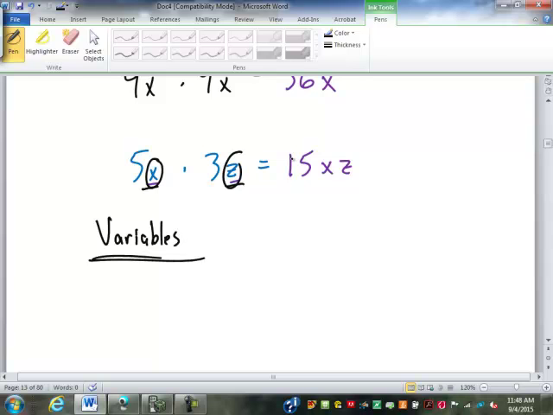It stands for a generic number or generic item. Happens a lot, used for defining rules and stuff like that, like defining a plus b is equal to b plus a. They don't stand for a specific number. They don't have a specific value. They're a generic representation of any possible number that could be used there.